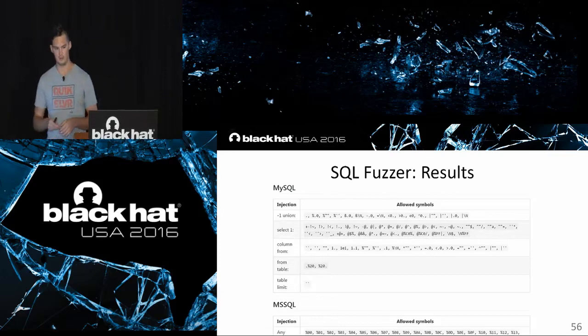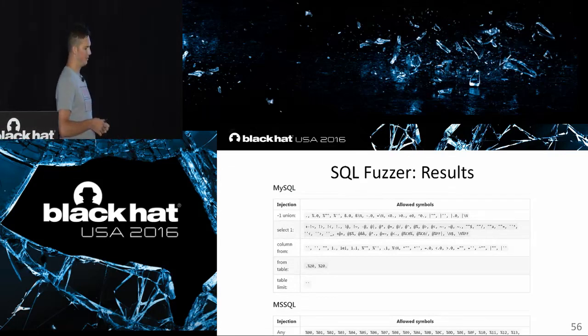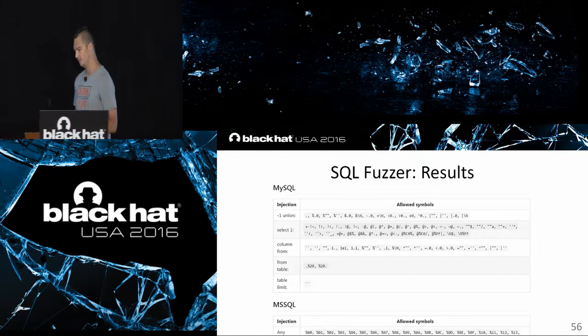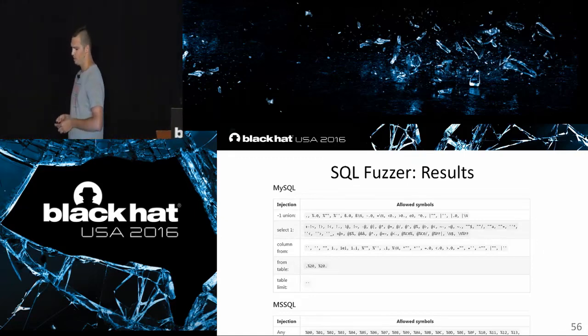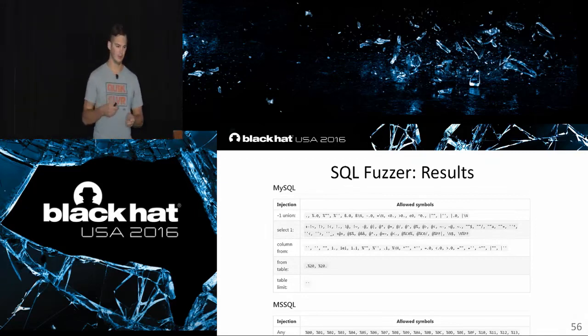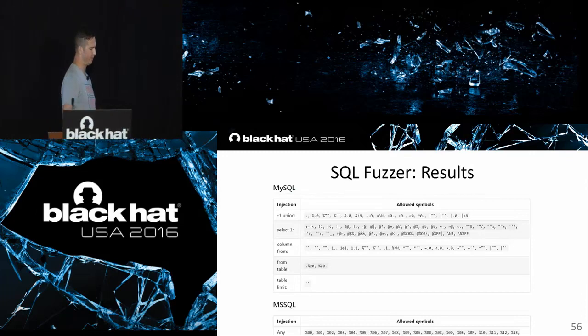You have the number of allowed symbols which you can use. Another time when you face a web application firewall and you believe you can bypass it, but you don't want to write your own fuzzer or waste time on finding that, or if you're a rule writer and want to understand which symbols are allowed in which injection point, you can use this table to maintain your rules.